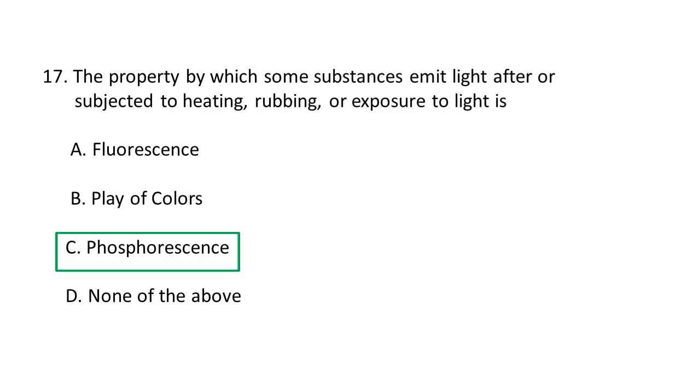It is a type of luminescence that occurs when a substance absorbs light and re-emits it at a longer wavelength, continuing to glow for a noticeable period of time after the light source is removed. The glow can persist for a few microseconds to many hours, or even days or years. So the correct option is C, phosphorescence.